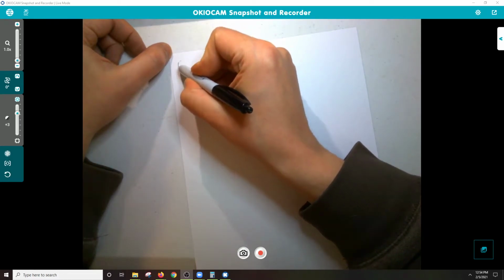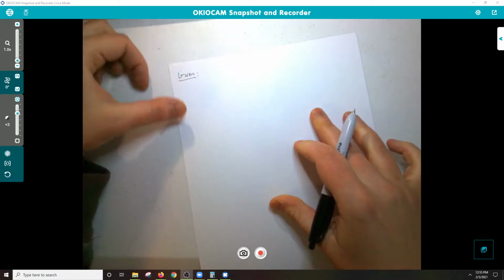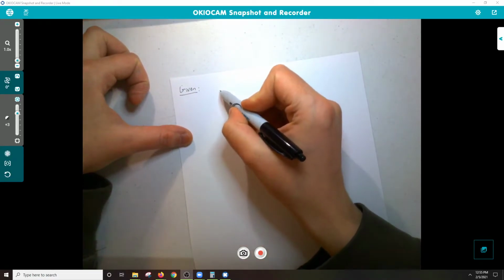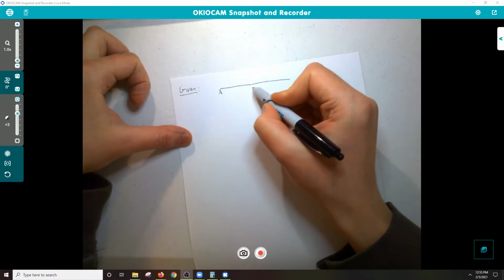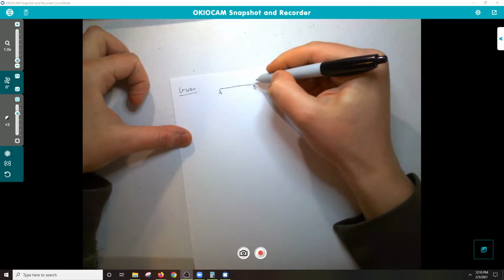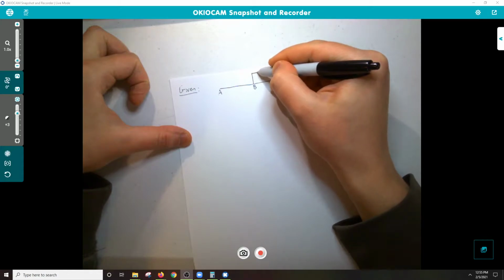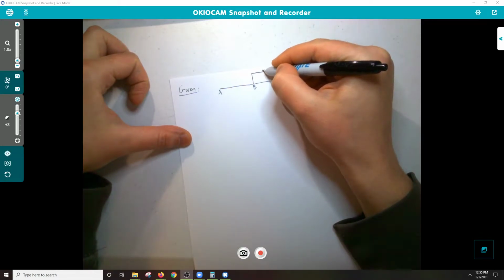Alright, so our givens basically is going to be a layout of the system we're solving for. So we have a beam, we can call it A, B, C. I could have probably made that more to scale, but we'll leave it as is right now. We have a force being applied.